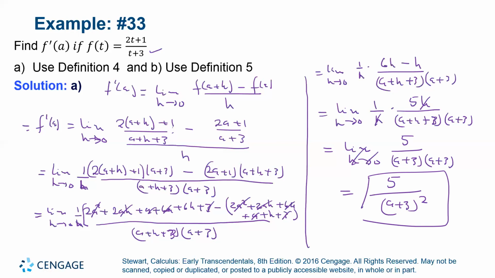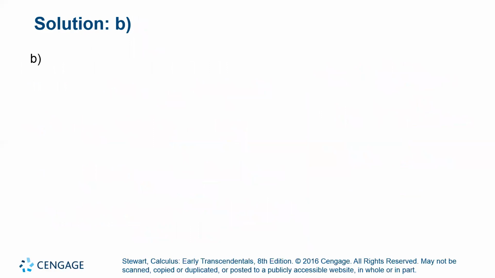And then finally, if we look at the other definition, we have this. The definition is that f prime of a is the limit as x goes to a of (f of x minus f of a) divided by (x minus a).